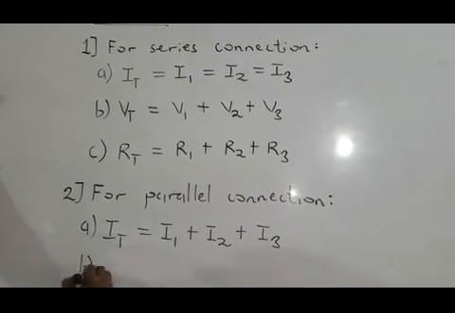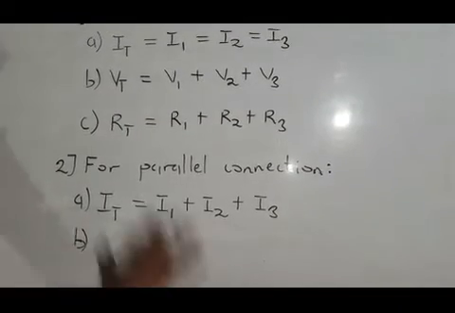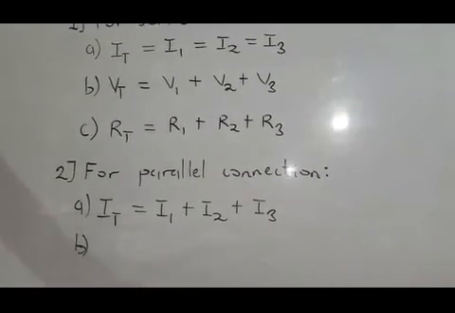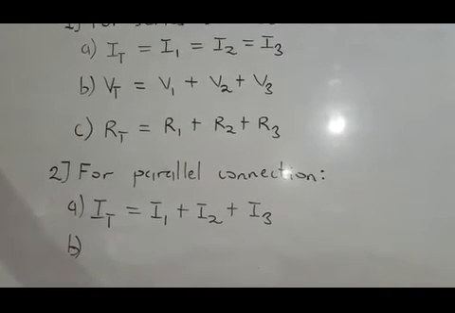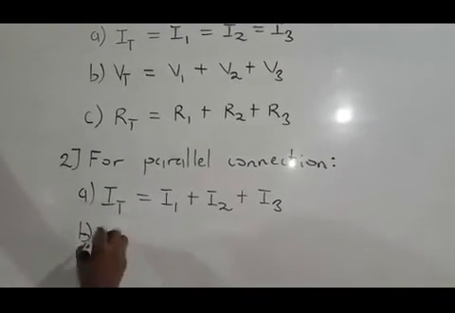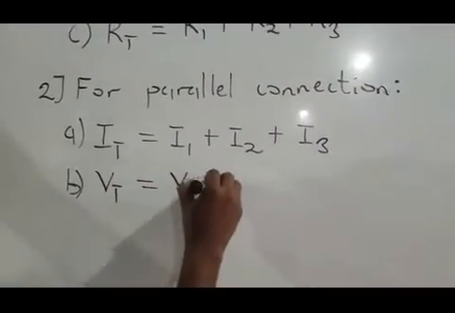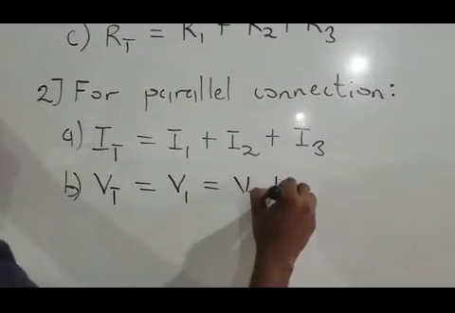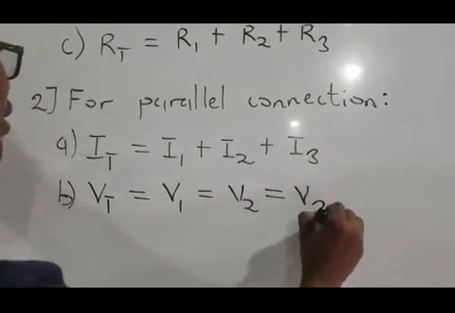In terms of voltage, the total voltage is equal to the voltage across each of the cells, the same as the voltage across each of the various resistors. So VT is equal to V1, equal to V2, which is also equal to V3.